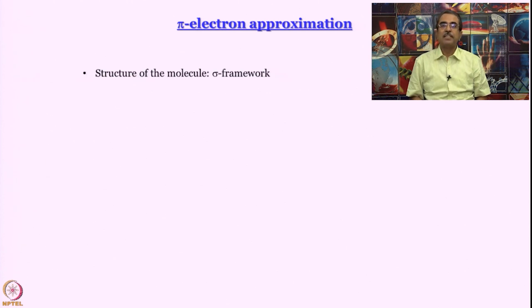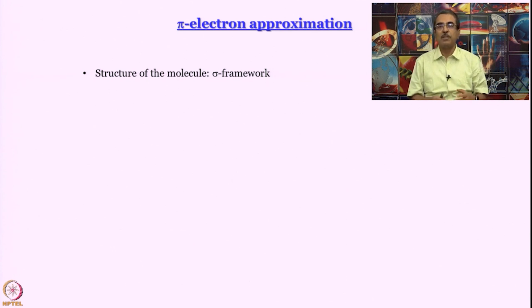First of all, the structure of the molecule is considered to be built by the sigma framework, and while building this it does not matter whether one has used valence bond theory or molecular orbital theory, whether hybrid orbitals have been used or not. The structure of the molecule is supposed to be in place. So, pi bonding comes into play only after a sigma bond is established. That is the realm of this theory.